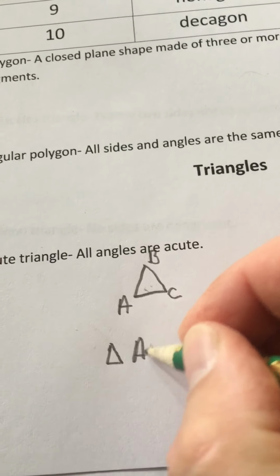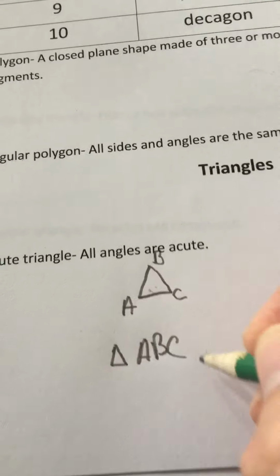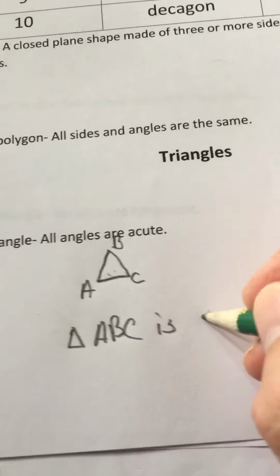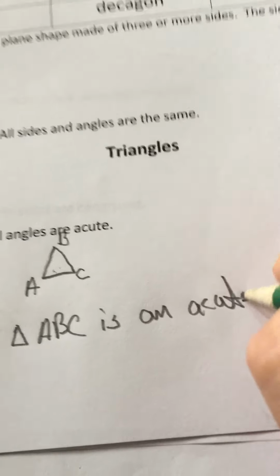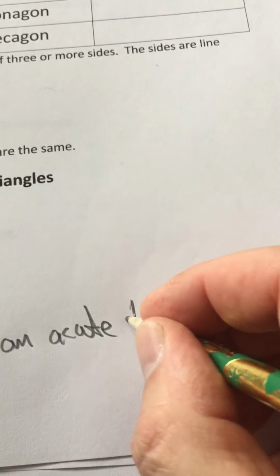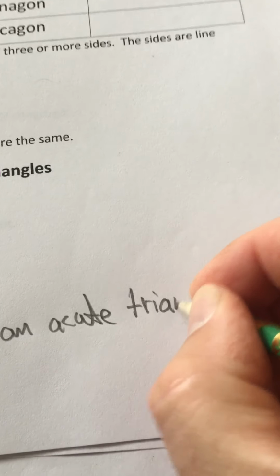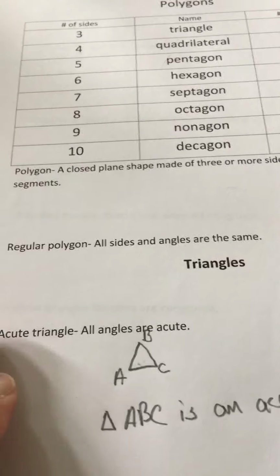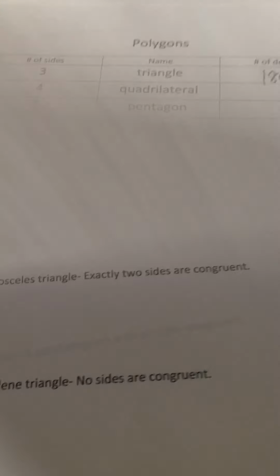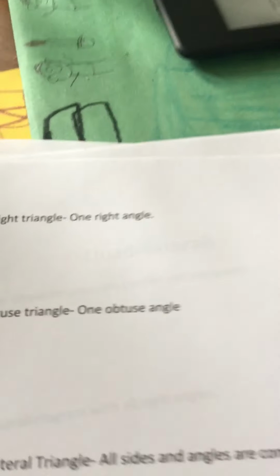Triangle ABC is an acute triangle. Now, notice, acute is a type of angle. So these triangles are named for their angles.